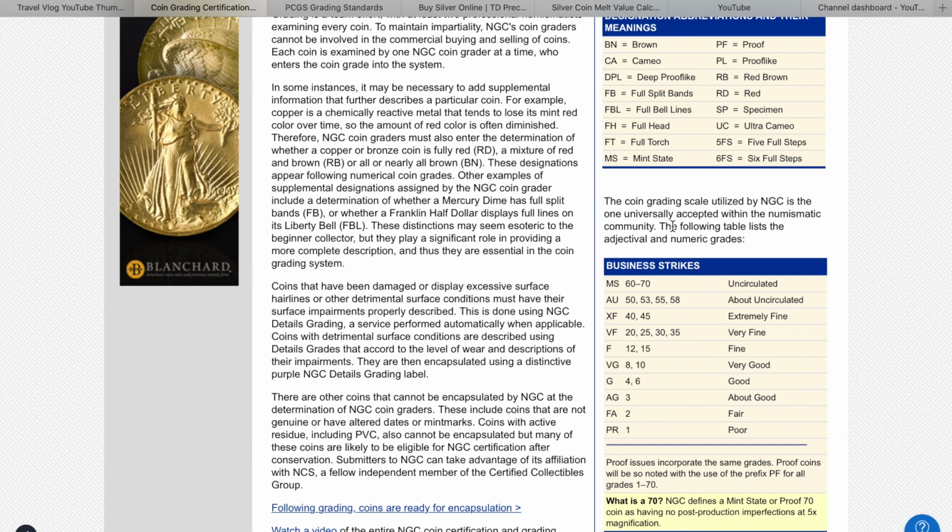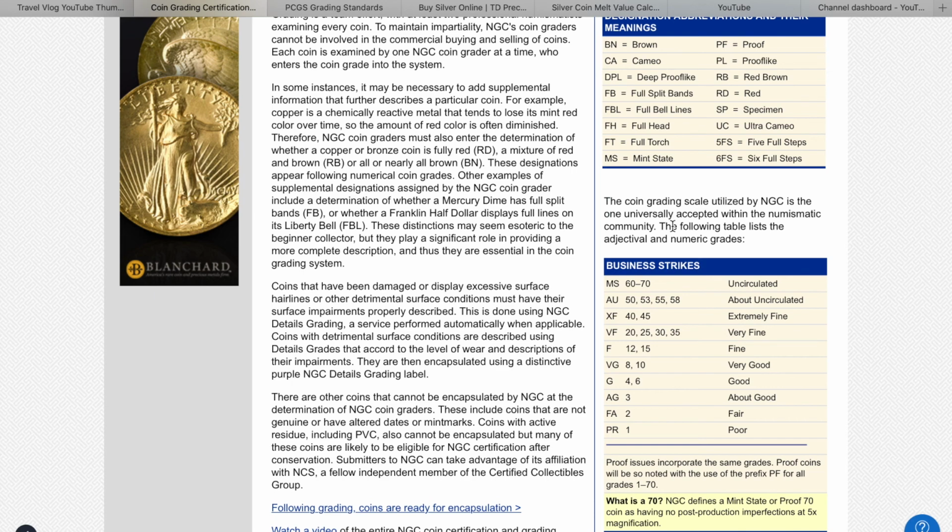When you get into the 60s, I guess it goes to the MS. So the 50s is considered AU, and then it drops down in the 40s to XF, which is extremely fine. And then we go down into the 20s and 30s for the VF, very fine.